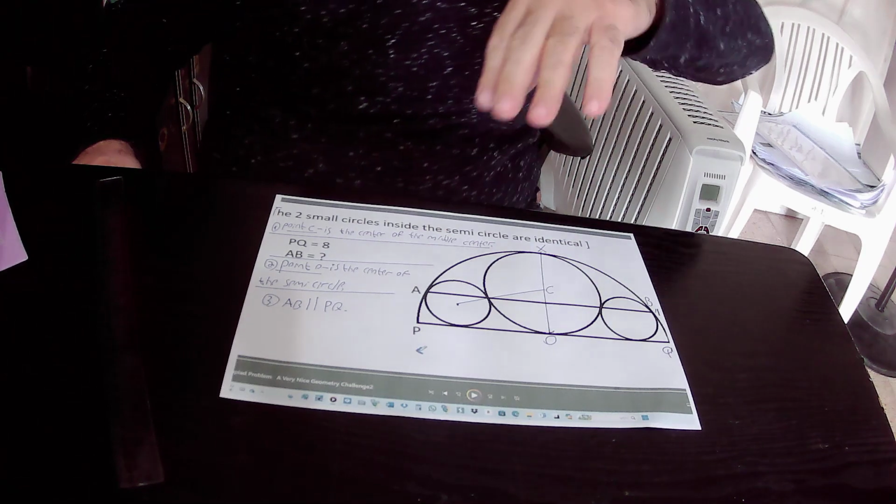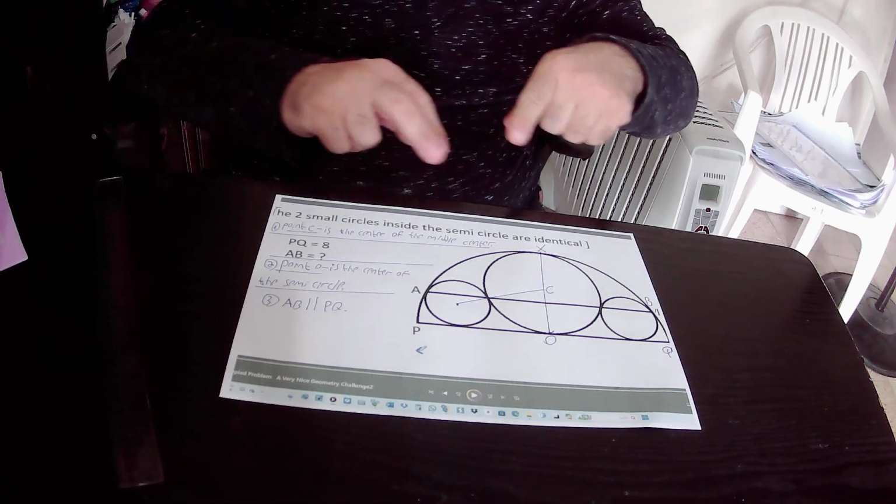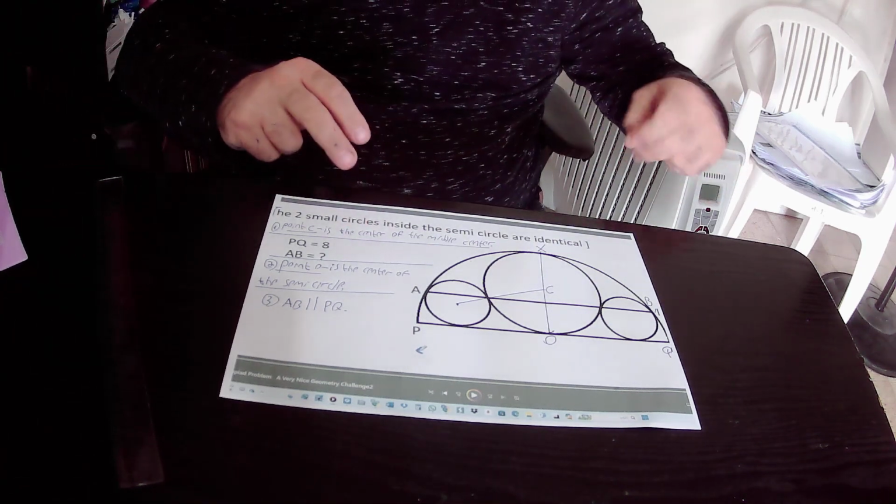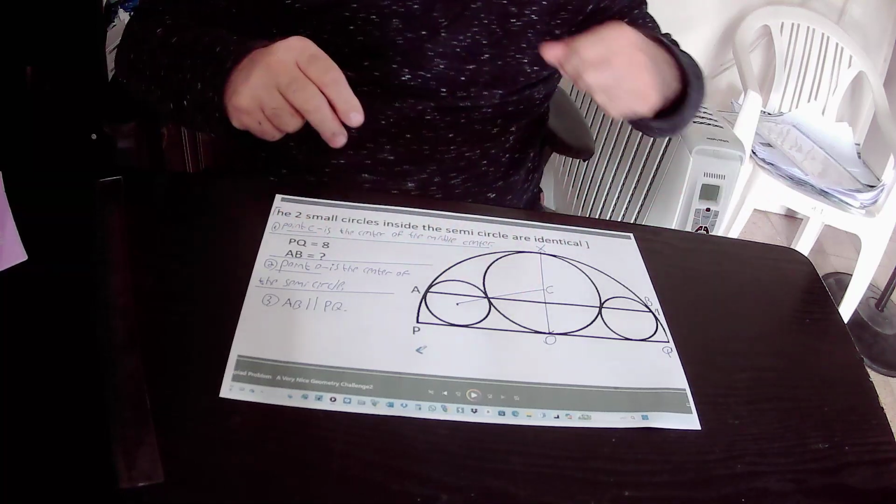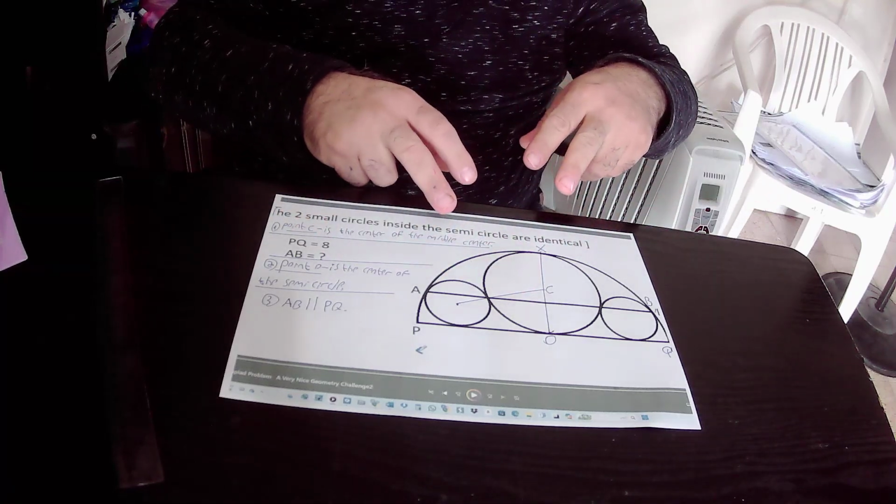Hello, in this lecture we will find out the length of line segment AB on chord AB. We have here a semicircle. Inside this semicircle we have three circles.